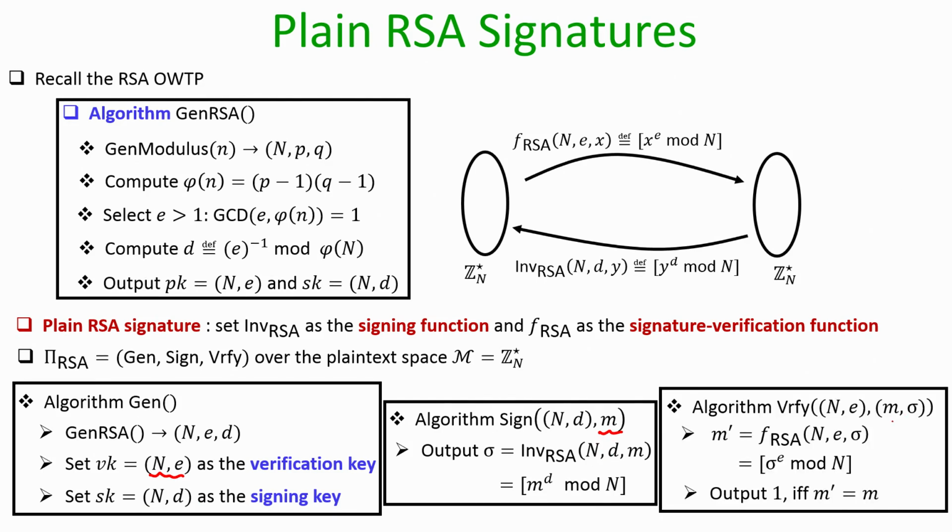To verify a message comma signature pair, we first compute the value of the RSA function on the signature component, namely sigma to the power e modulo n, and compare it with the received message. If the comparison passes, then we accept the message, namely we output 1, otherwise we output 0.